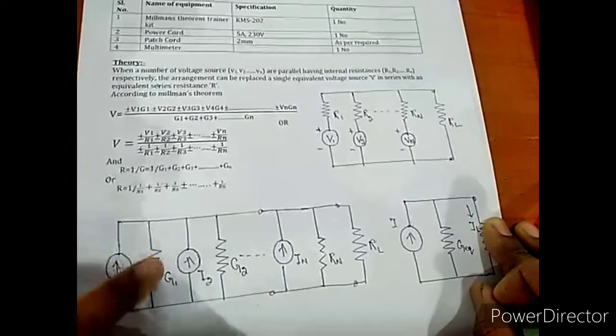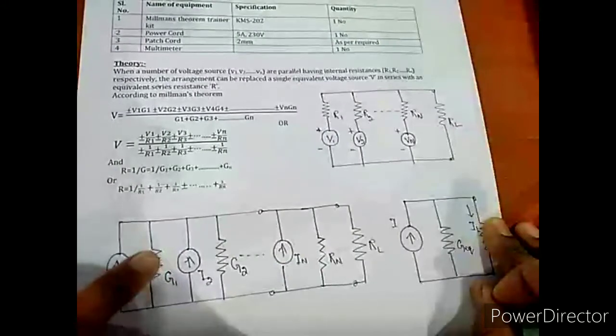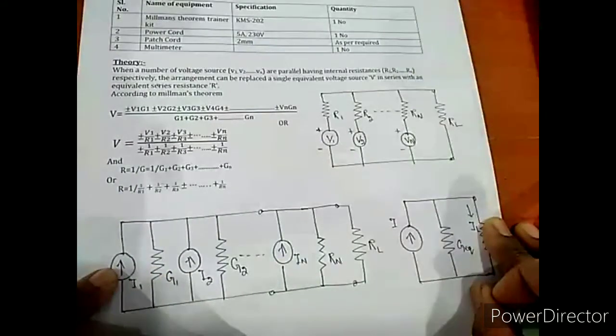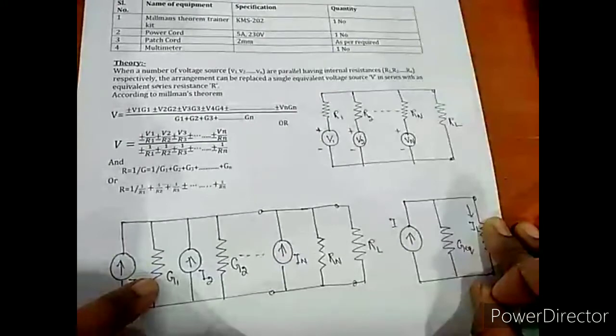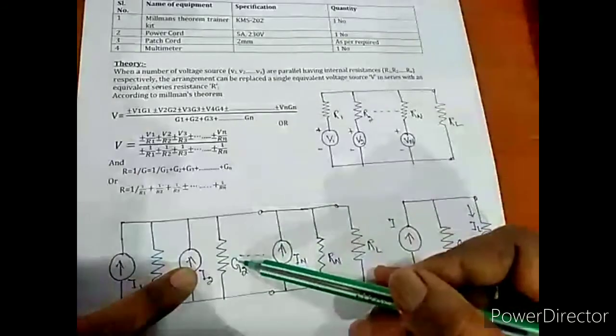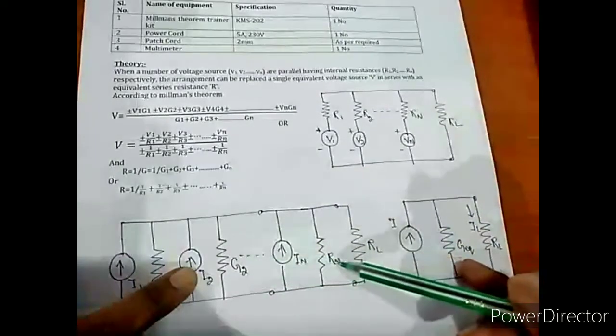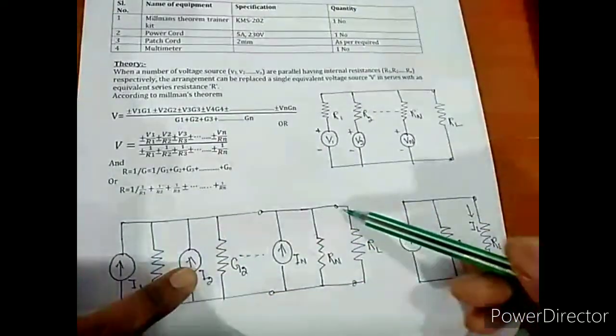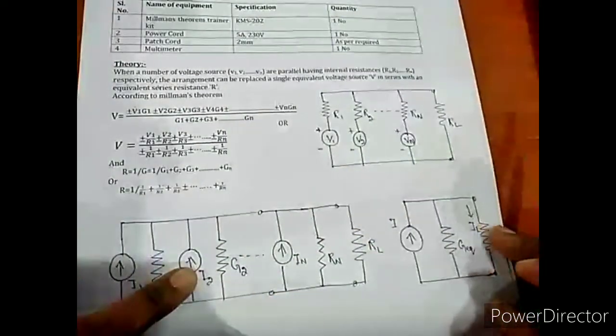Here you write R1 or G1, its value is 1 by R1. As we connect this R1 resistor shunted with the current source, hence I write conductance. Similarly, I2 is V2 by R2 and G2 is 1 by R2. Similarly for In, and all these are connected in parallel and across them we connect a load resistor.